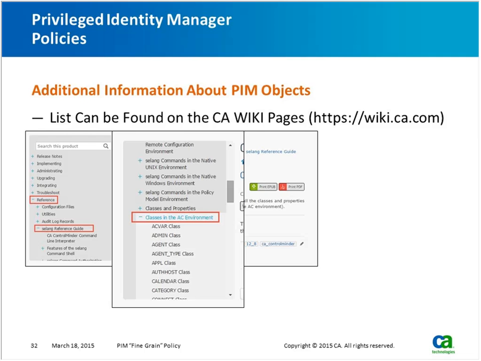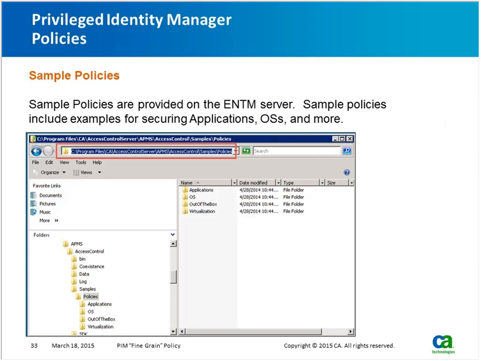Next slide. One of the things I was going to state is, in the event that our clients don't have that or we're not able to get that, we can share with them some sample policies that come with the solution itself. If you look on the server where the enterprise management server is deployed, under the control minder, under the PIM directory, you'll see the PIM home directory.